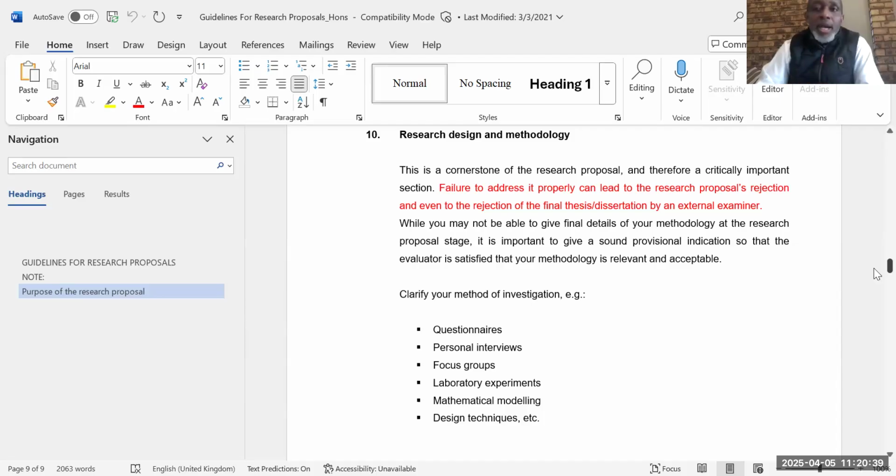In some cases, like in my own research group, we combine experiments, we combine mathematical models, and sometimes if we're looking at policy, we combine some focus groups. So this methodology must talk to each of the questions you want to answer. In our own case, we're looking at northern Nigeria.